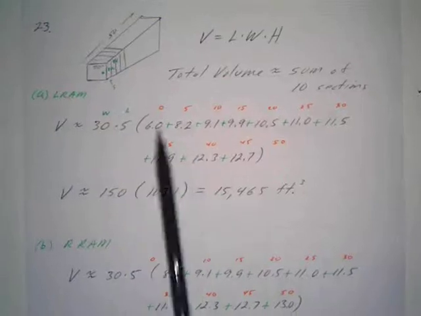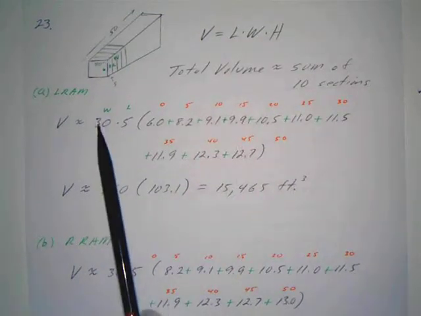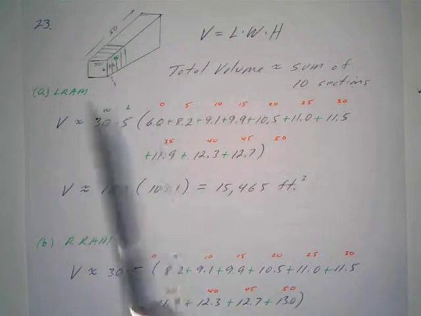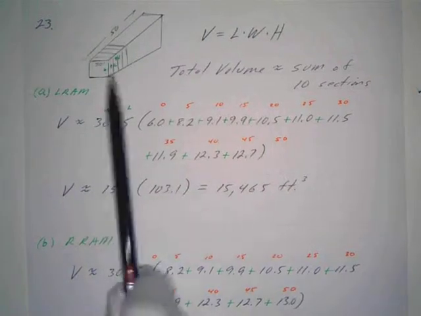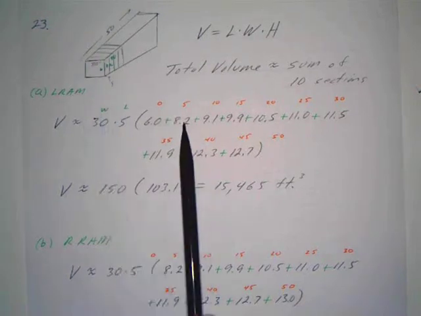So the first block would be 30 by 5 by 6. And the next one would be 30 again by 5, and that would be by 8.2.